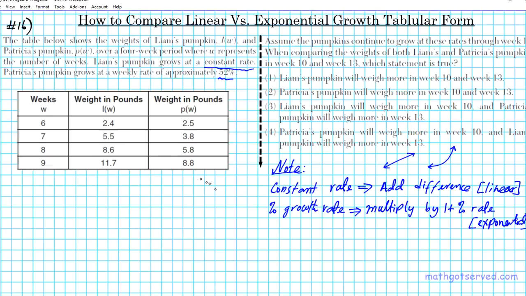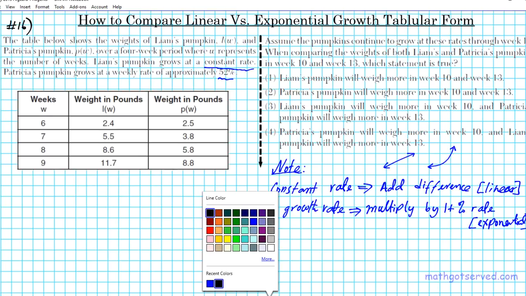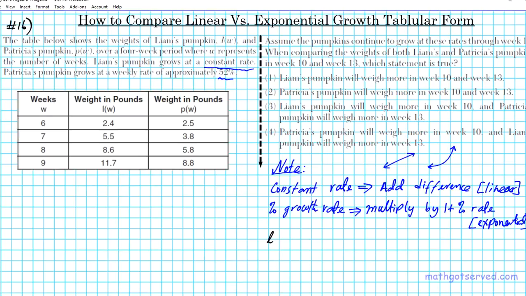Okay, alright, so with those two in mind, let's see if we can generate formulas for Liam's and Patricia's pumpkin. Okay, so for Liam's pumpkin, we want to see what L of W looks like. So since for L of W we have a constant rate, what are we going to do every single time? Well, we have to determine what the growth rate is.